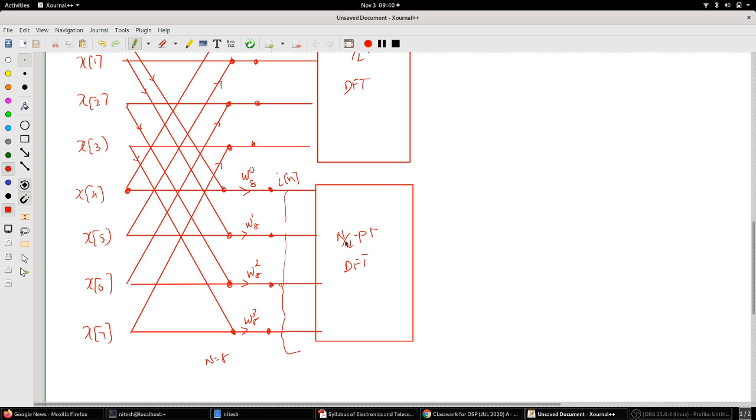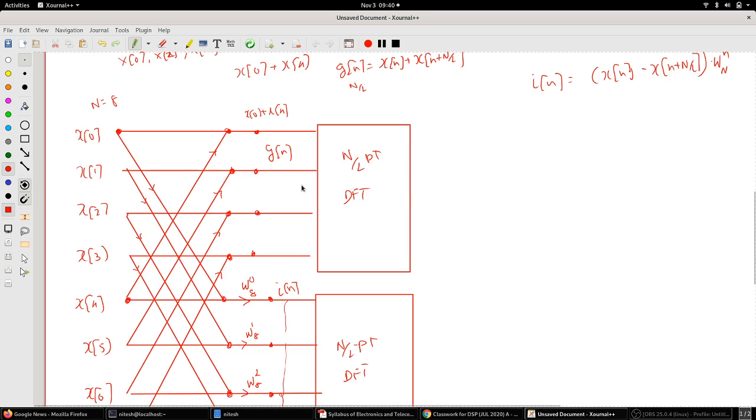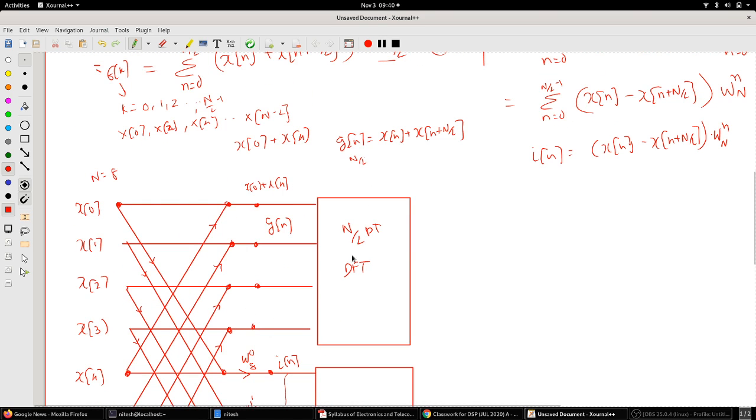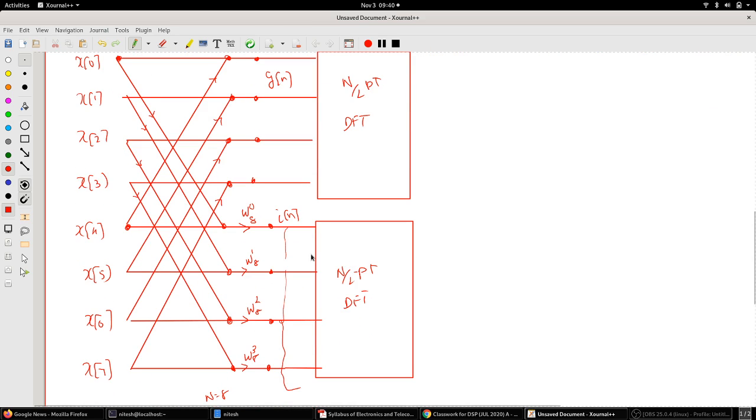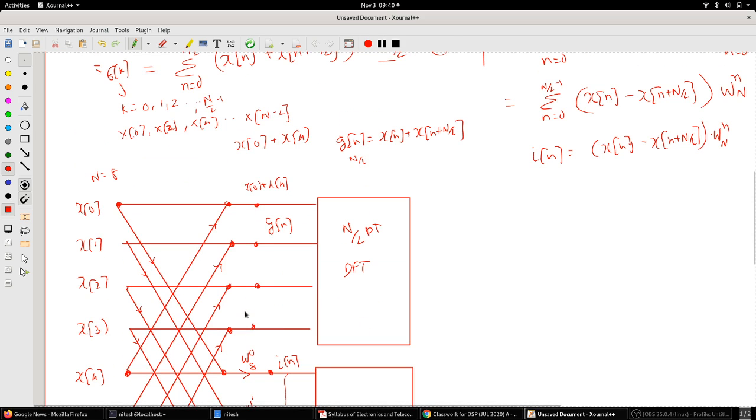Okay, so now what we have done is we have separated n point DFT into two n by 2 point DFTs. The multiplications here are only 1, 2, 3 and 4, right?